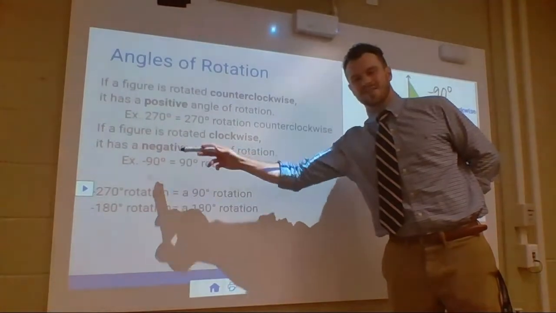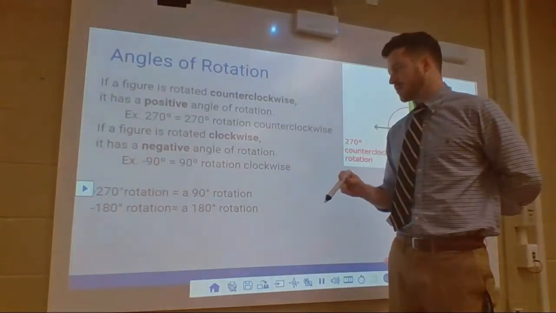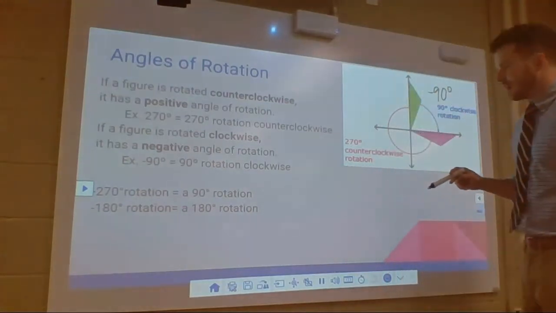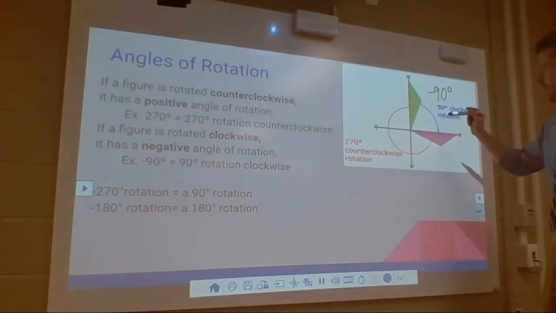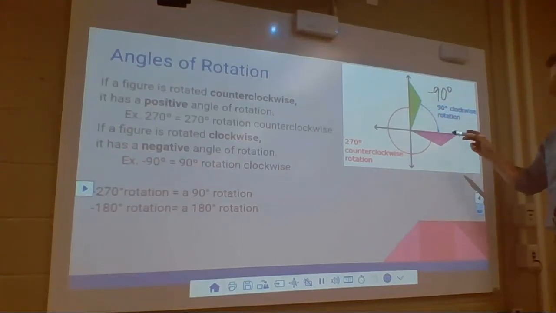So if you see a negative 90 degree angle of rotation, it's going clockwise. All right, and also, remember, see how we landed in the same spot, whether we went 270 degrees in the positive direction or 90 degrees in the negative direction, okay?